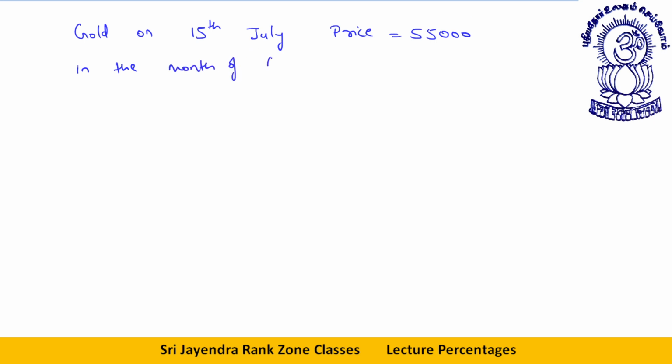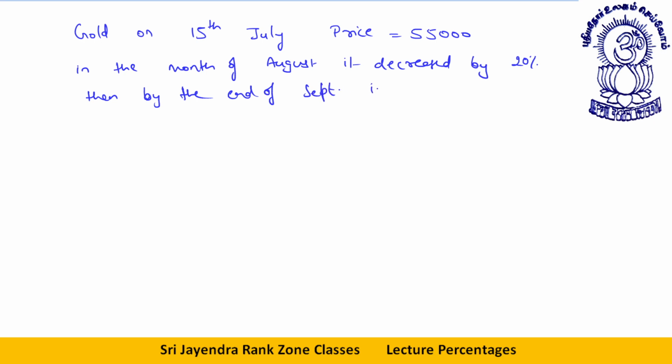In the month of August, it decreased by 20%. Then by the end of September, it increased by 20%. Find the final price of gold. Let's say I'm talking about 10-gram gold.